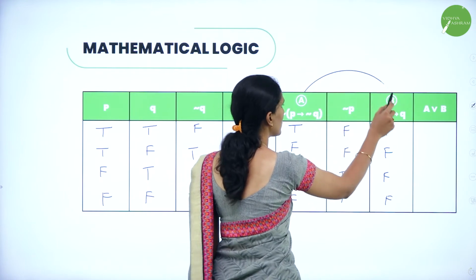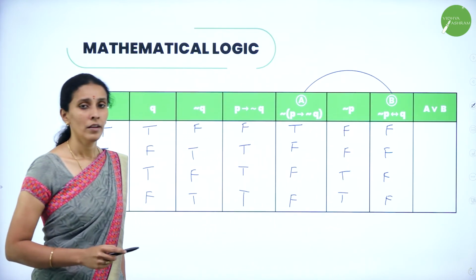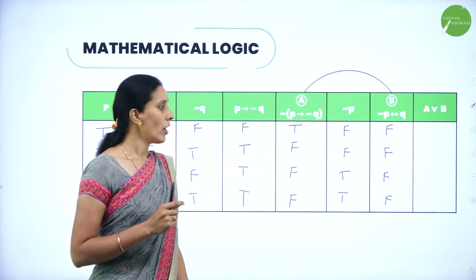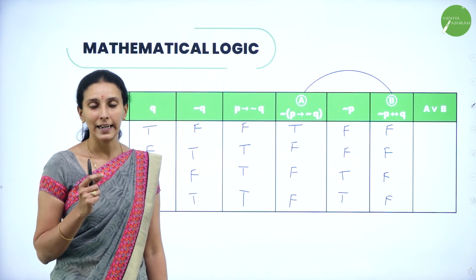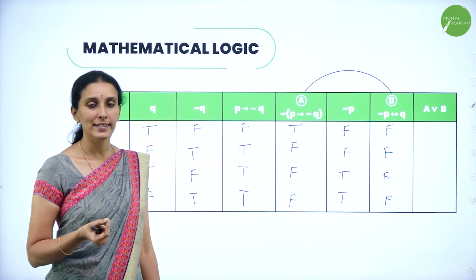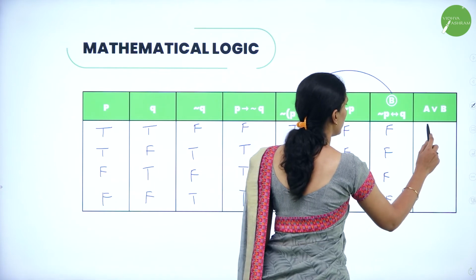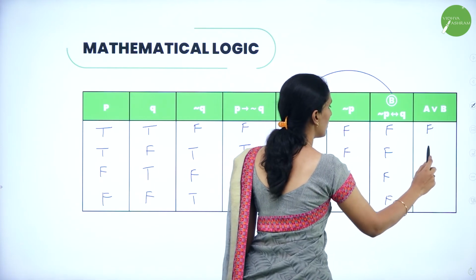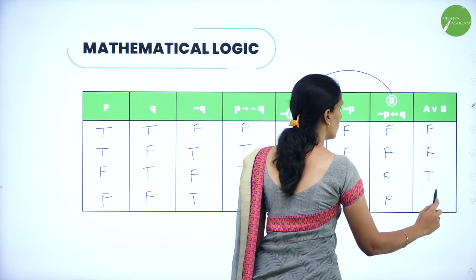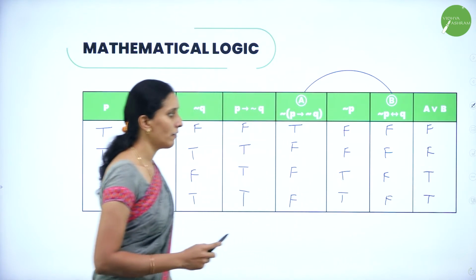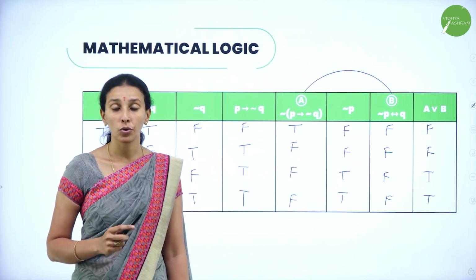Now combine these two statements, that is OR. OR says if both are false, it is false. In all the other cases, it is true. So therefore it is true, false, false, false combined gives false, false, true, true. So here we have a mixture of truth values, true and false.